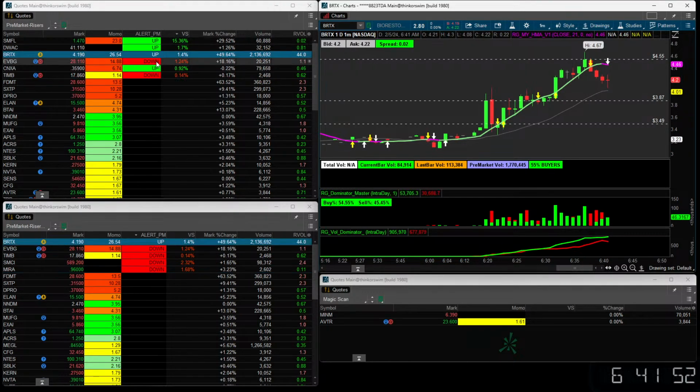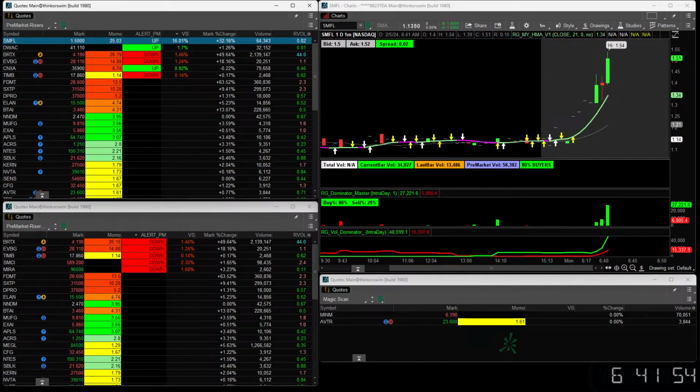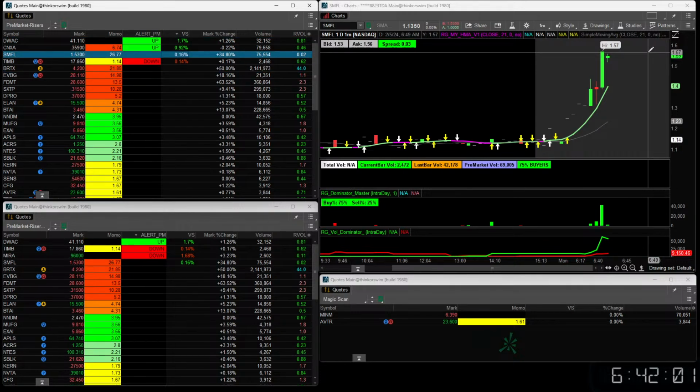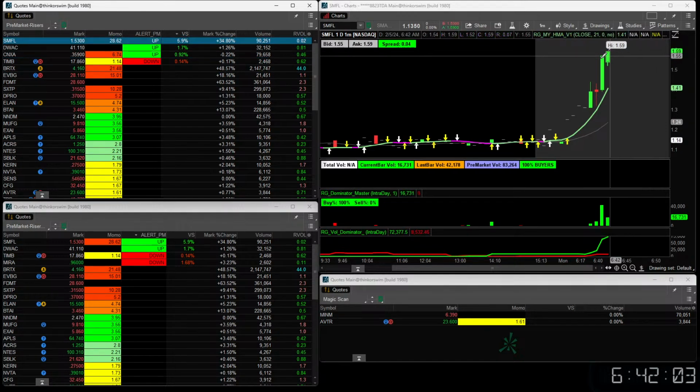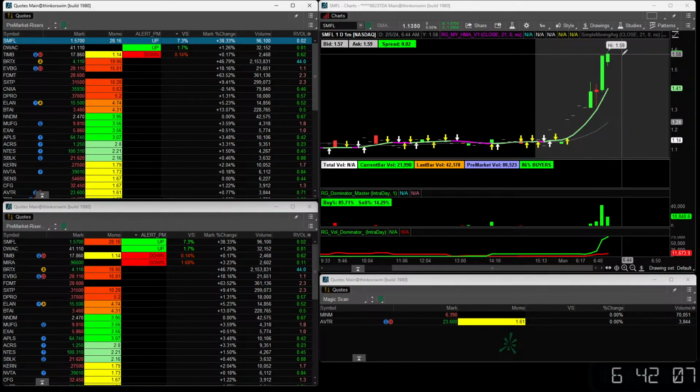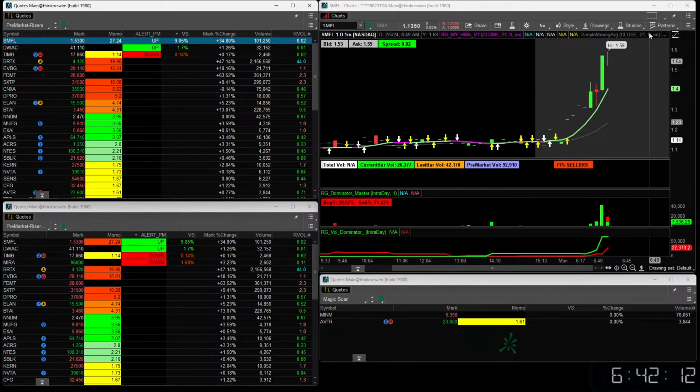I see SMFL take off, $1.56 stock. Let's see if we can get a support and resistance level set. So once it stops rising, I will set resistance. Once it pulls back, I'll set support, hoping for the bounce back up.